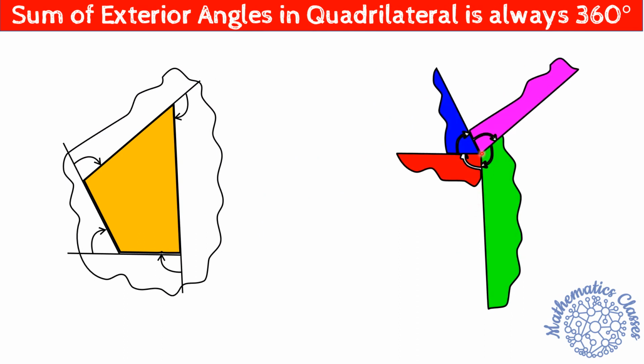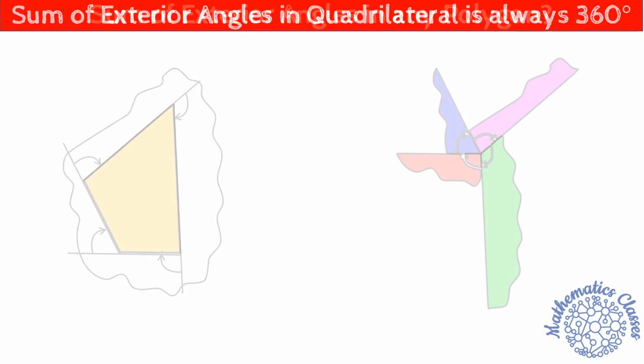Here also we get the same result, and now we can say that the sum of all exterior angles in any quadrilateral is always 360 degrees. But does it apply for figures with a higher number of sides, or polygons, as well? Let us find out.